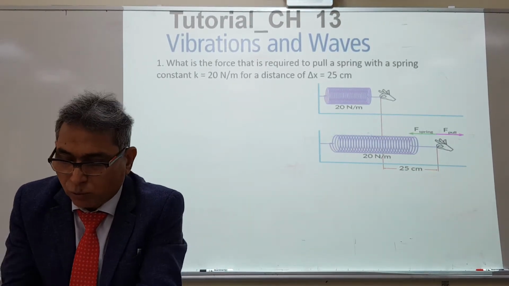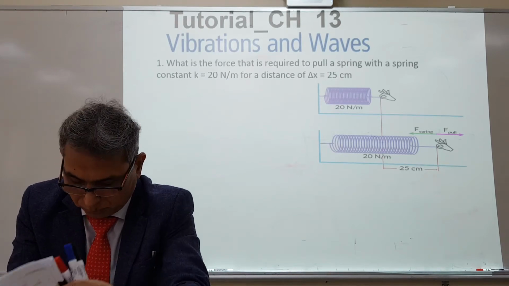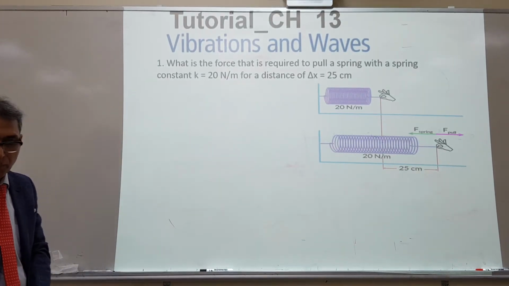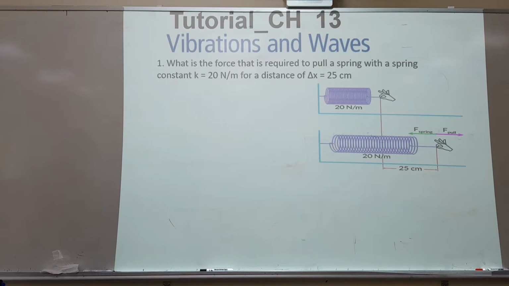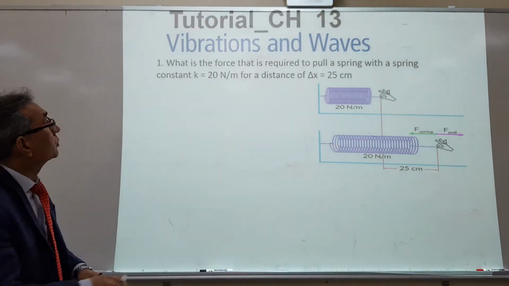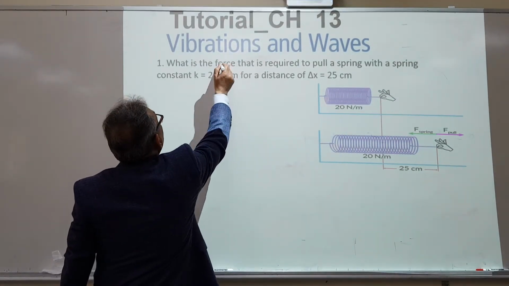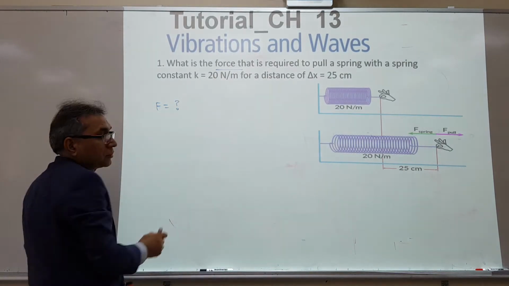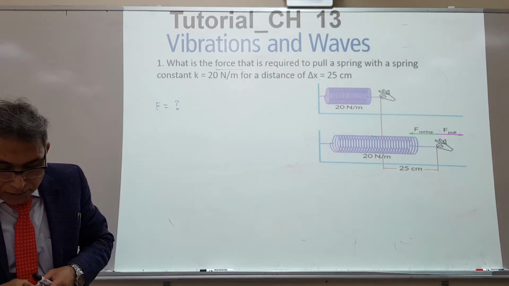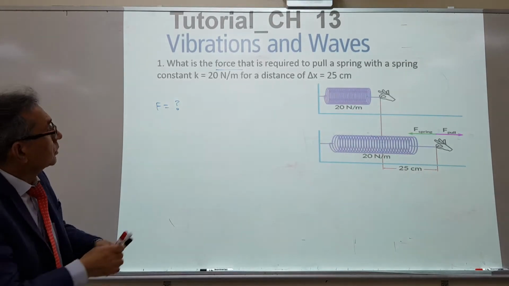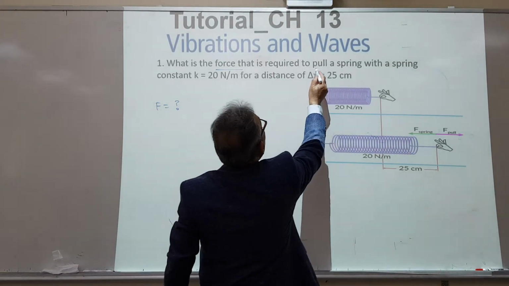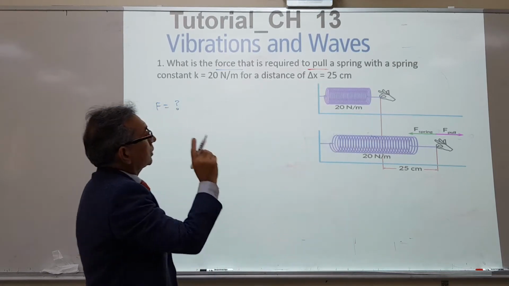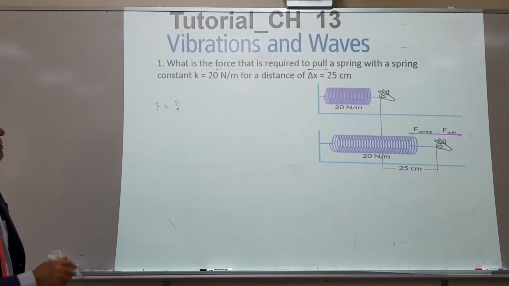Question number 1. What is the force? You have to find out the force that is required to pull a spring with a spring constant K of 20 Newton per meter. Keep in mind, you are not being asked to find the restoring force.